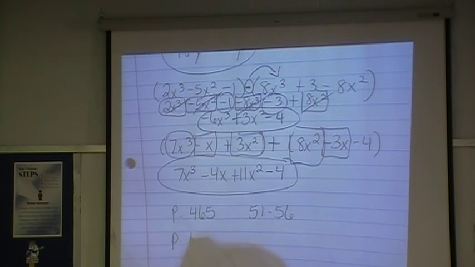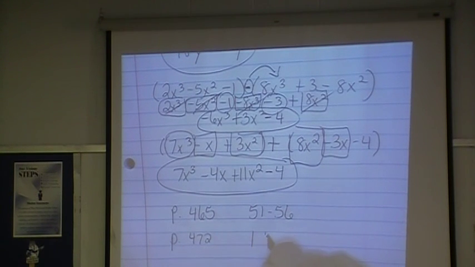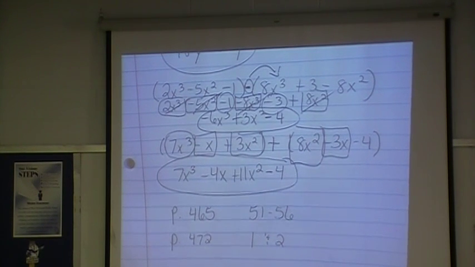Then on page 472, everybody look at 472. At that bottom section down there, you're going to do numbers 1 and 2. Okay? So that's what you're going to do.